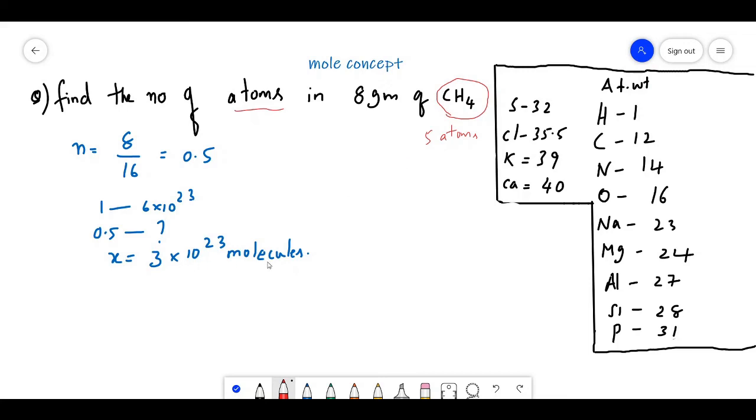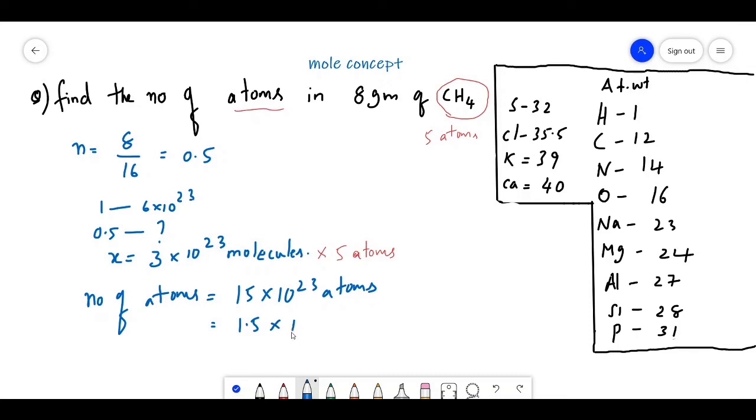Now multiply this with 5, then we get the number of atoms. So now we get number of atoms is equal to this 5 into 3, 15 into 10 to the power of 23 atoms. Or this can also sometimes be given as 1.5 into 10 to the power of 24 atoms.